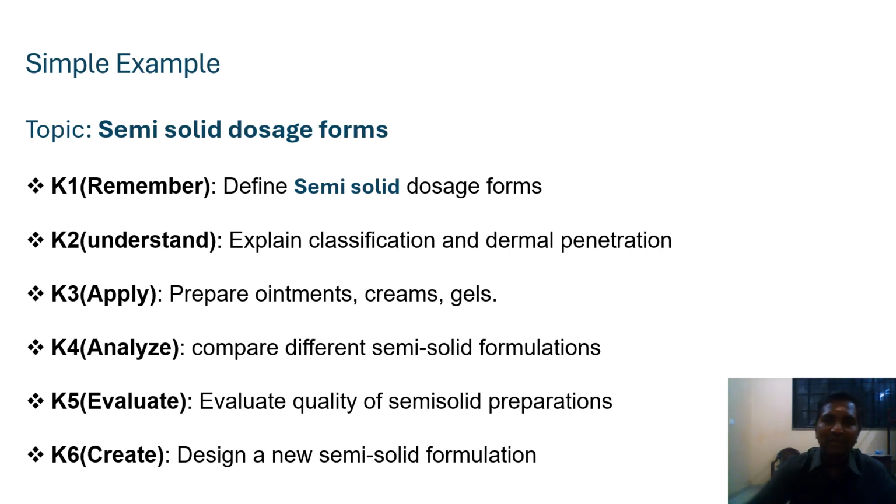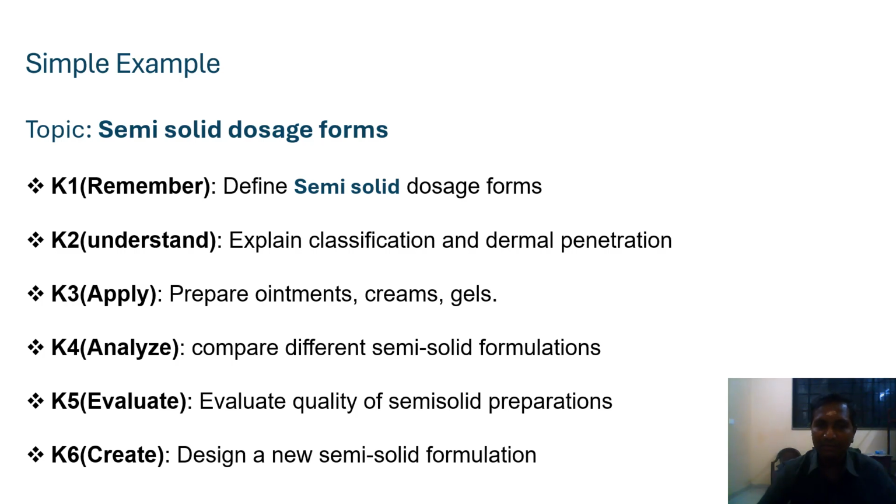To better understand Bloom's taxonomy, let us take a simple example related to semi-solid dosage form. At the remember level, students should be able to define semi-solid dosage form. At the understand level, students should be able to explain classifications and transdermal penetration of drugs. At the apply level, students should be able to prepare ointments, creams or gels.